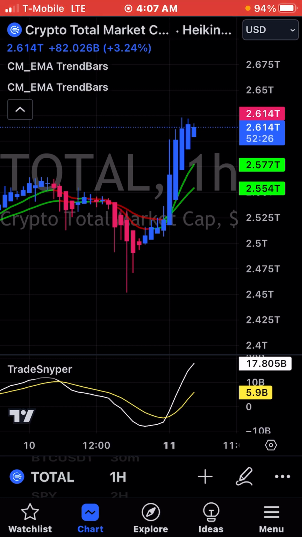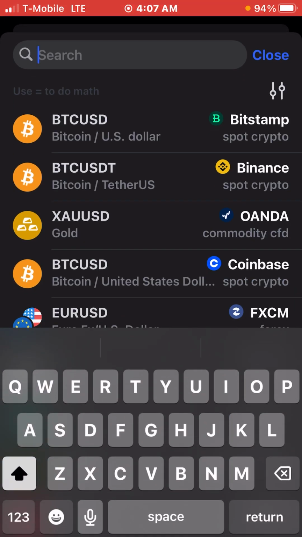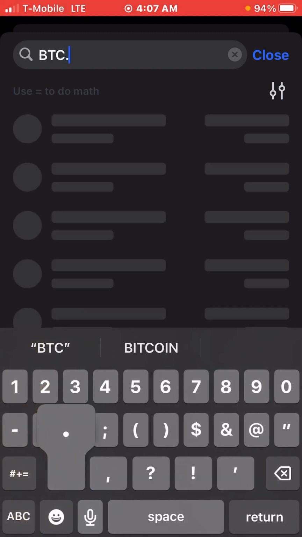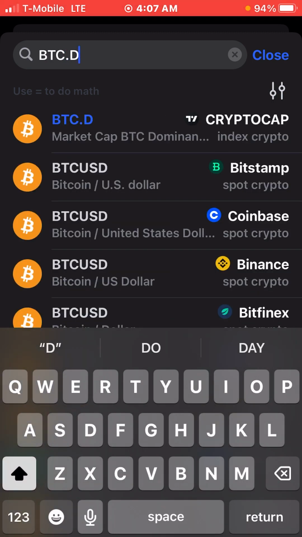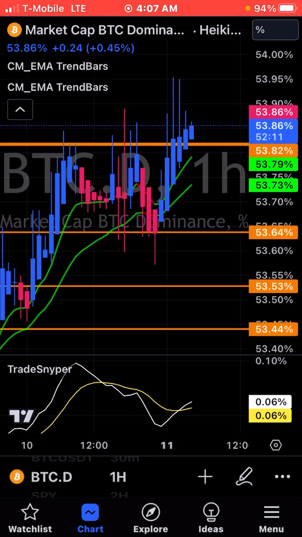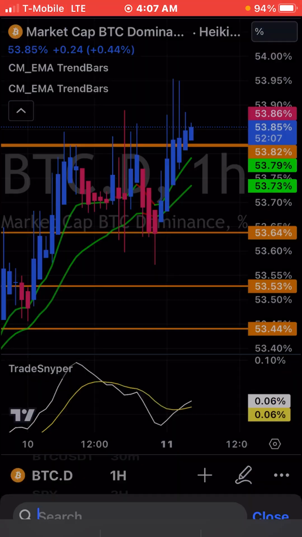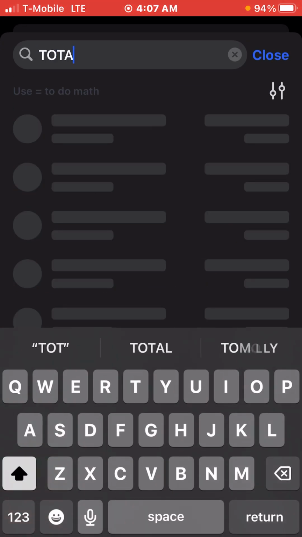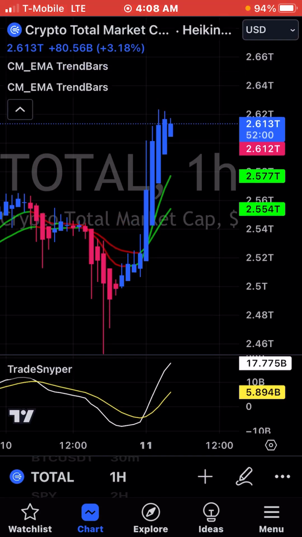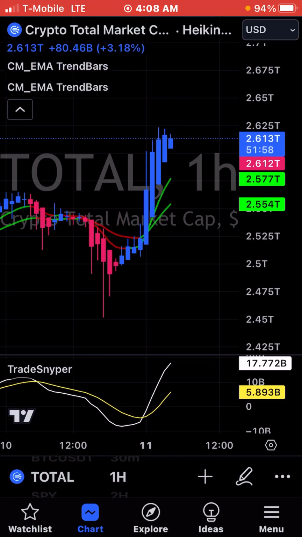But anyway, the strategy is very simple. You look at the Bitcoin dominance, BTC.D, and you see what percentage of the money is going into Bitcoin. 53% of the money is going into Bitcoin right now. So then you go to total, the total market cap, and you already know that 53% of the money is going into Bitcoin.